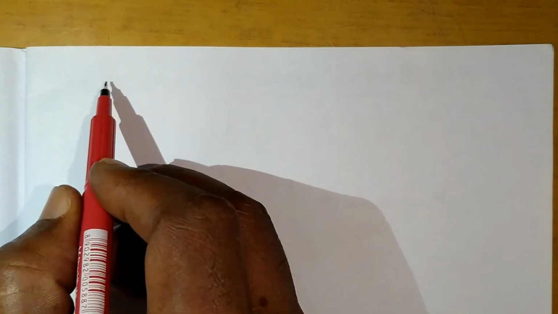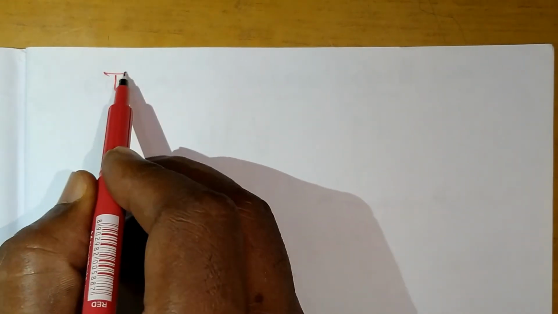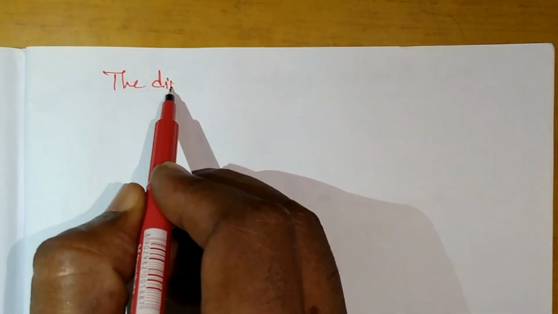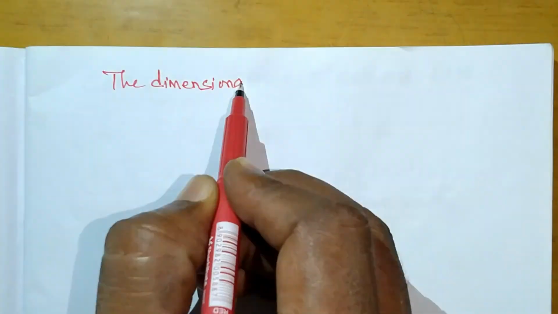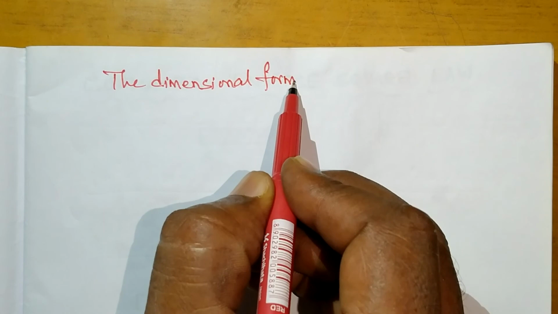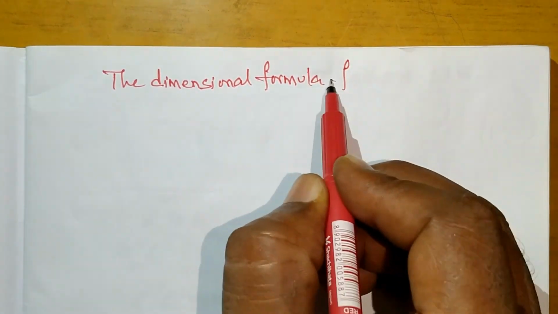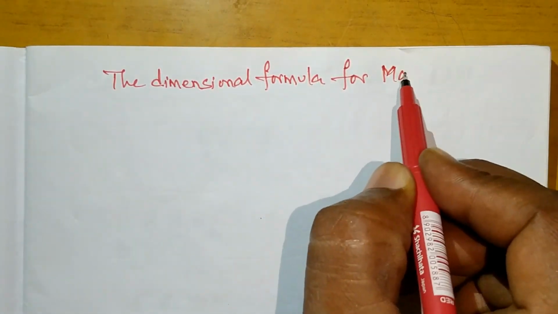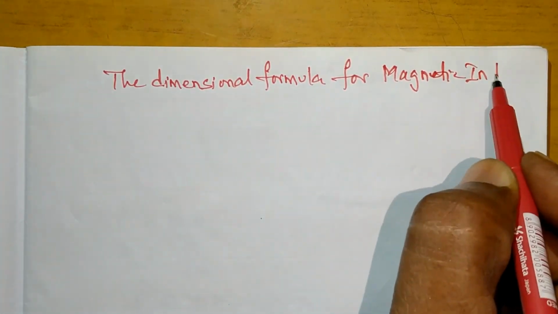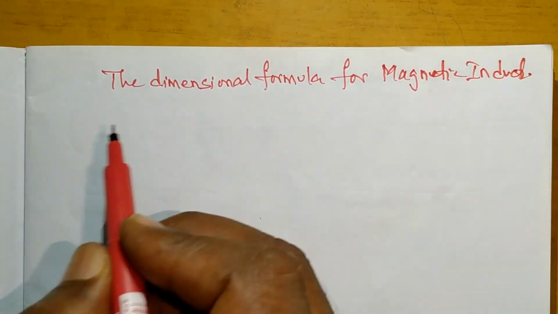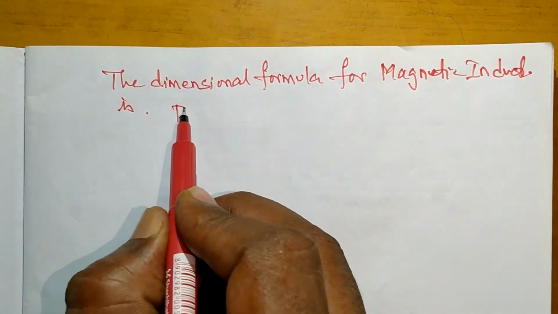The dimensional formula for magnetic induction is, what is the relationship?